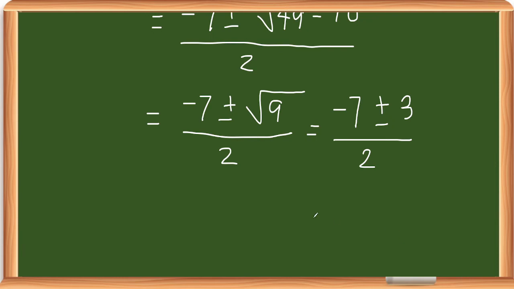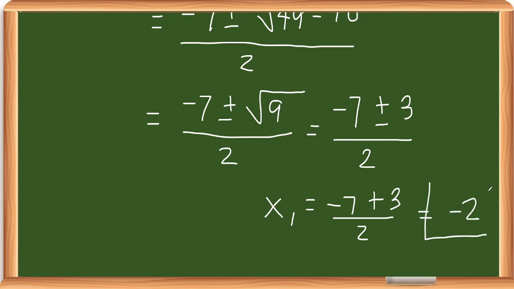Yung x sub 1 mo, yung first solution mo dyan, would be if yung 3 mo is plus. So, we have negative 7 plus 3 all over 2. Negative 7 plus 3 is negative 4 over 2. That is negative 2. So, yung x sub 1 mo is negative 2.